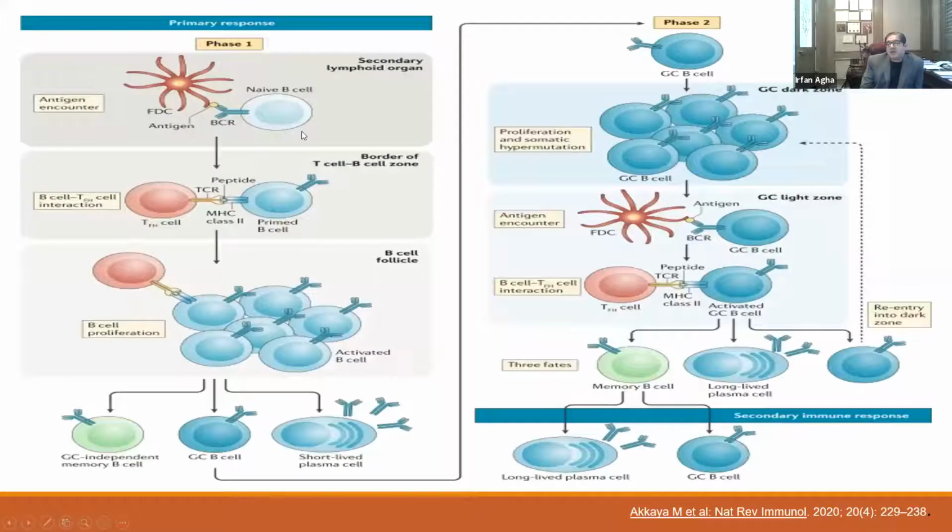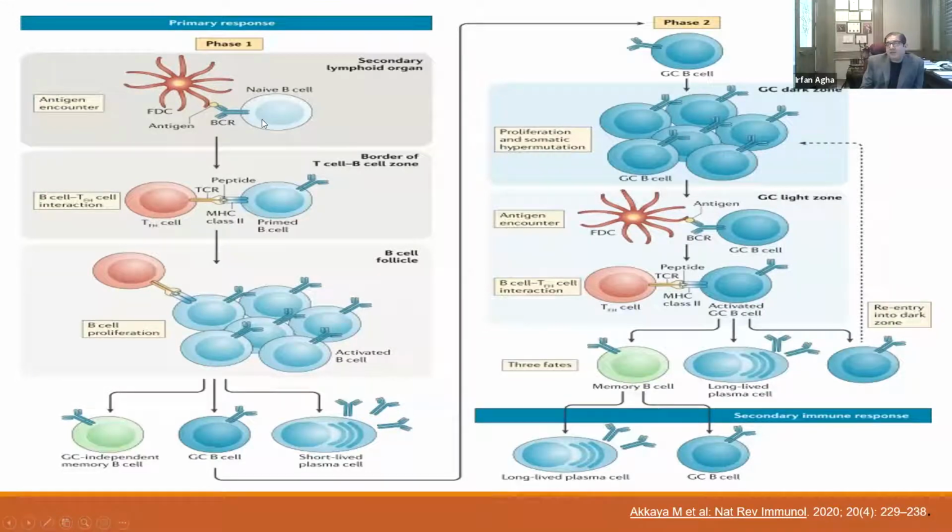So now let's take a look at it. Look at this here. This is in a secondary lymphoid organ, so spleen or lymph node. This is the outer gray zone of the germinal center. You've got a dendritic cell. This would be a plasmacytoid dendritic cell, which actually is going to present antigen to the naive B cell.